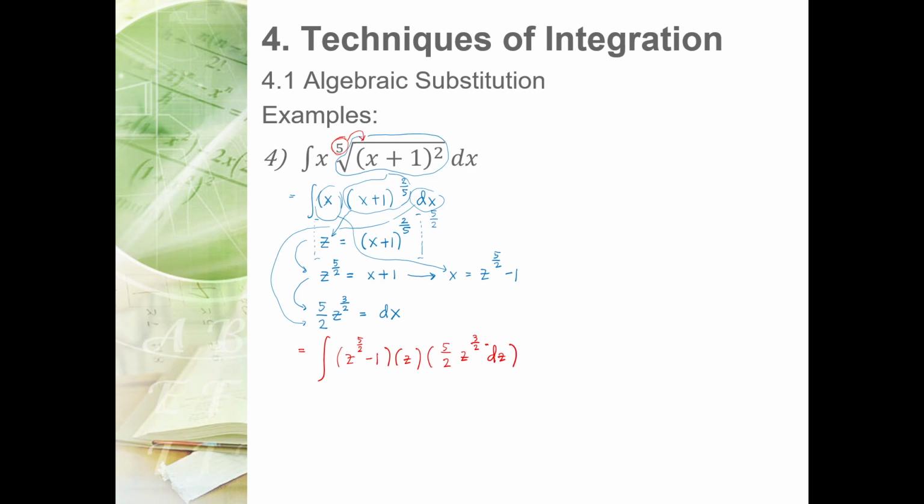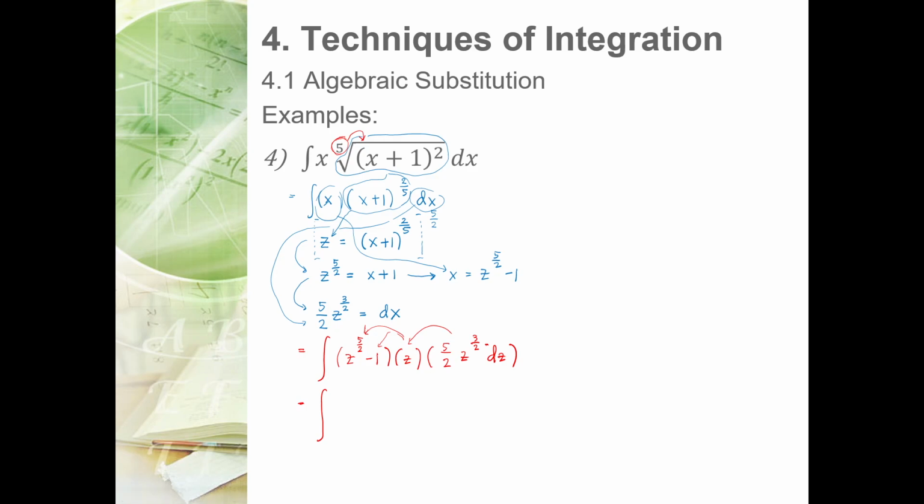Okay, so multiply, multiply, and then multiply. In the first term, we're going to have z to the power of 5 halves times z times 5 halves z, or you can just pull out the 5 halves so you don't get confused later.